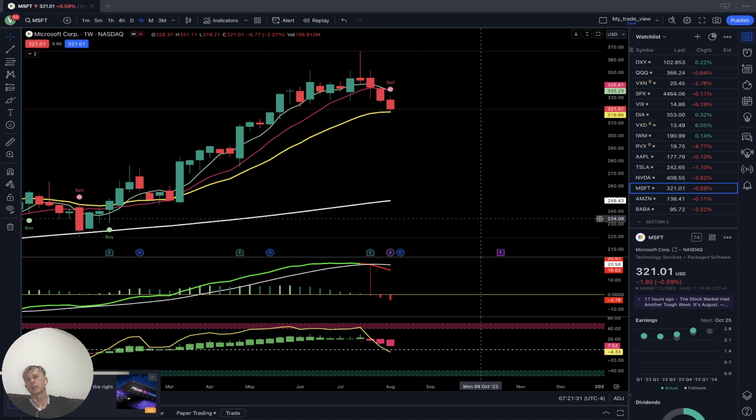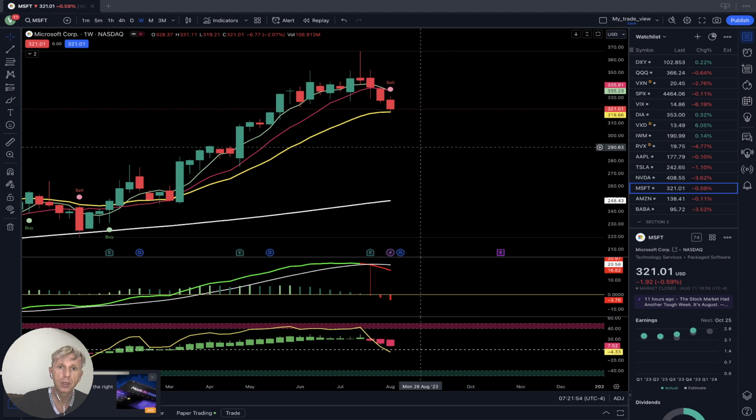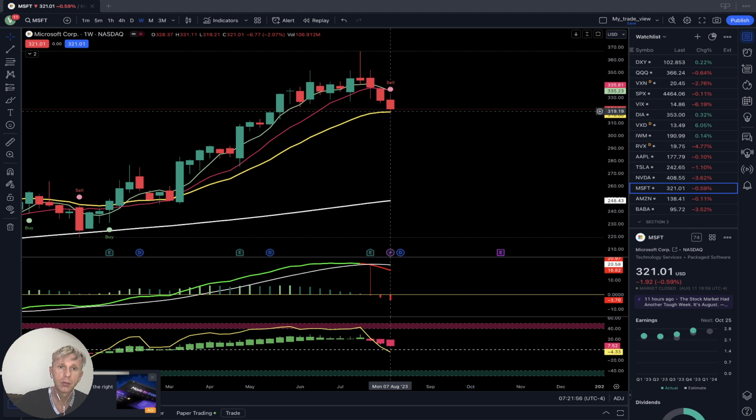It's sold off already $65, right? It means it's a 20% correction. Microsoft did similar to Tesla. It already gave us a 20% correction. And it stopped at the support level, SMA 20, right? Support SMA 20.